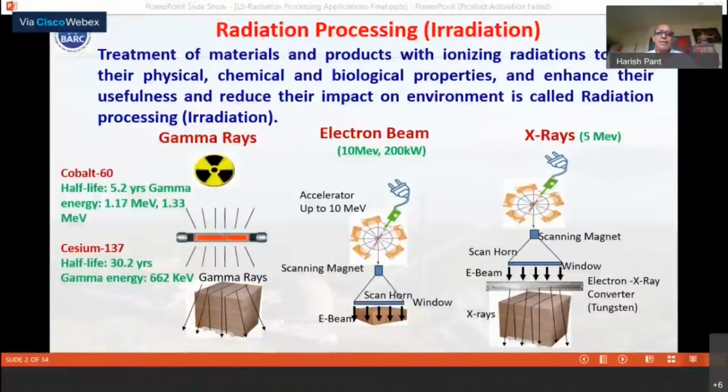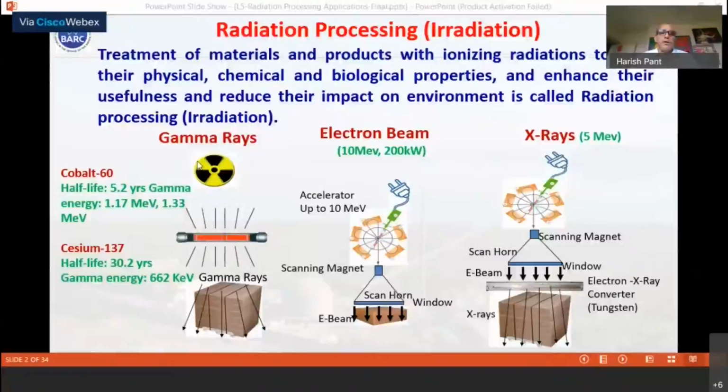Now, the obvious question is, what are the radiation sources used for radiation processing? There are radioisotope based sources as well as machine based sources used for the radiation processing application. Gamma radiations from cobalt 60 and cesium 137 sources are used.